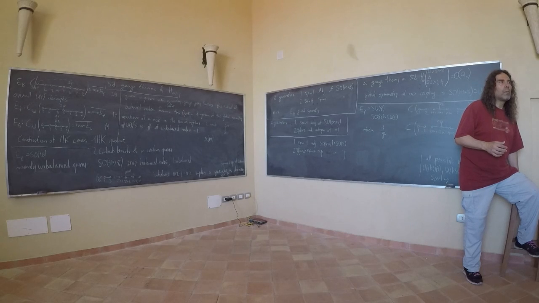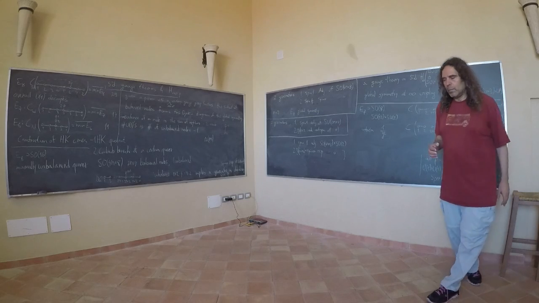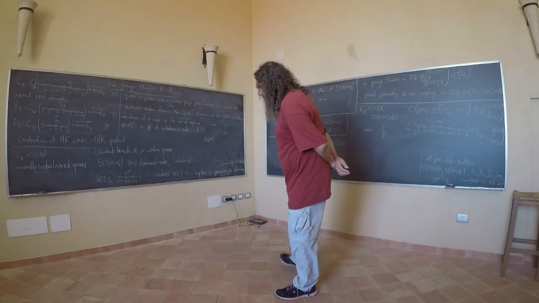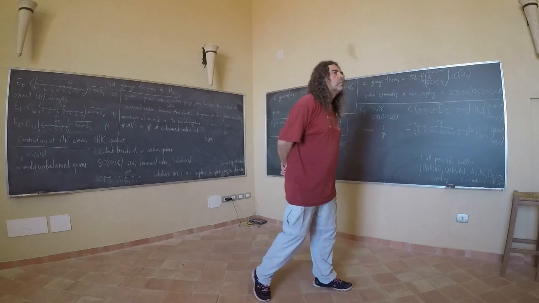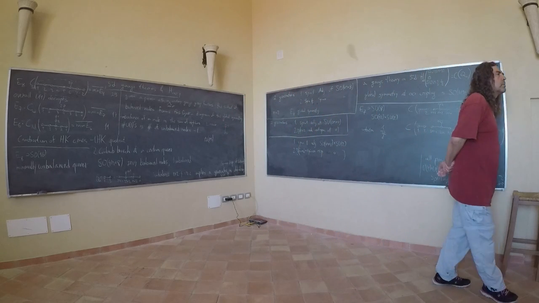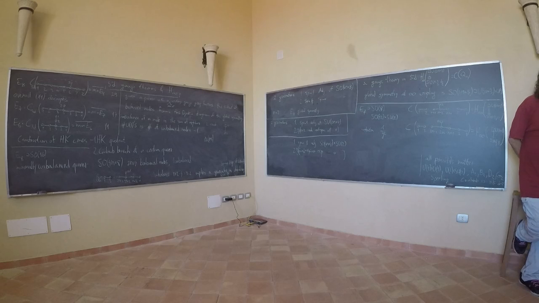And so you might ask whether those fit into this kind of story, but I don't quite have the same systematics because I don't have the 3D mirrors available to me to study the Coulomb branches. So I'd like to abstract from this construction something a little bit more. There is a classification of all minimally unbalanced quivers. We could just split them into one of those. So we take an E6. Yeah, E6, G2, you name it.